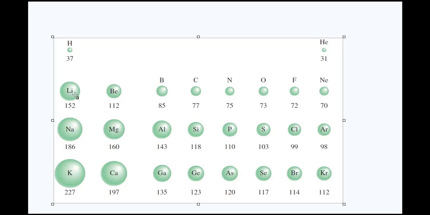We start with 152 picometers for our radius and we're down to 70, even though we have 8 more electrons, but they're drawn in by the attraction of the protons. That makes these electrons hard to get out, because they're close to the protons. Getting rid of a neon electron is not easy to do because it's so close to the nucleus.